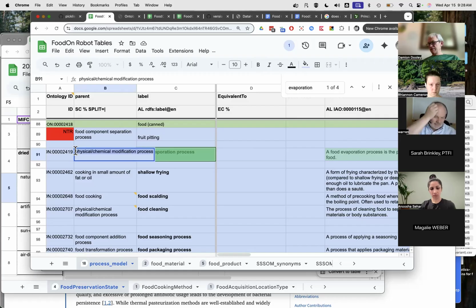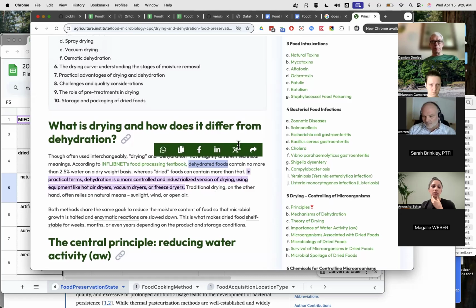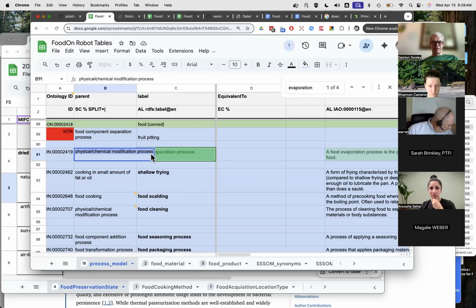I don't know. I think for dehydration, there seems to be a food science attitude that dehydration involves technology, more specific. So it's also a mechanism. Yes, I think so. Okay. So let's make that change.